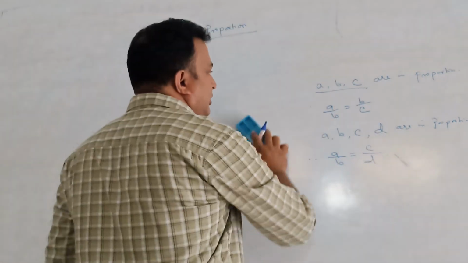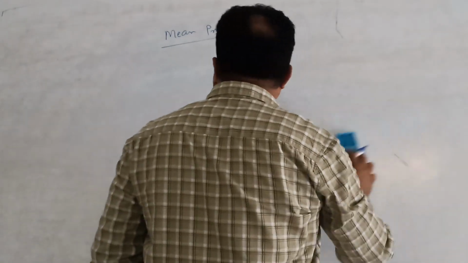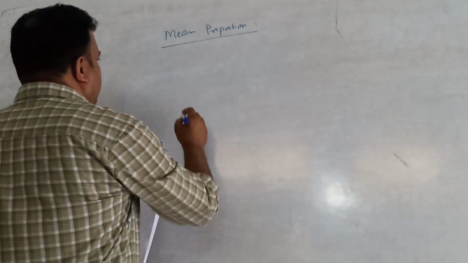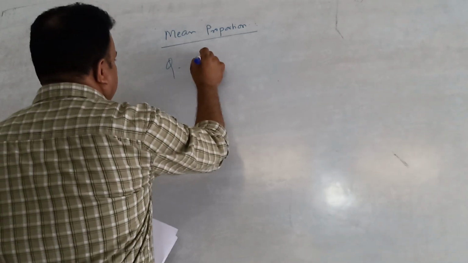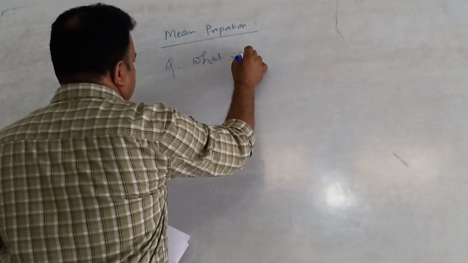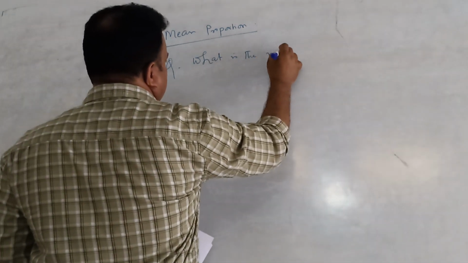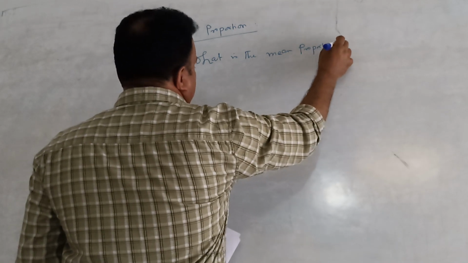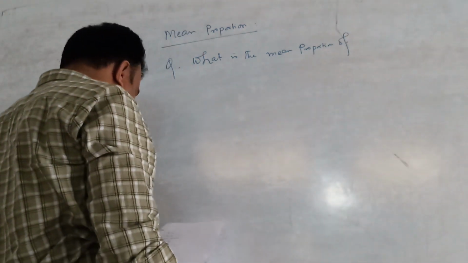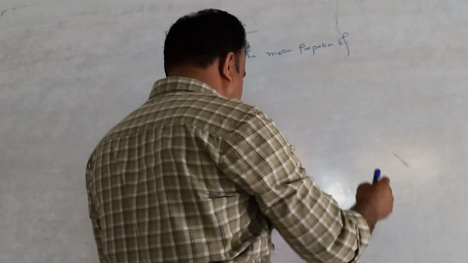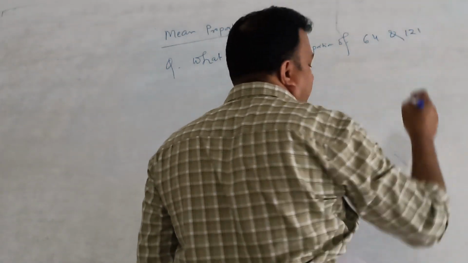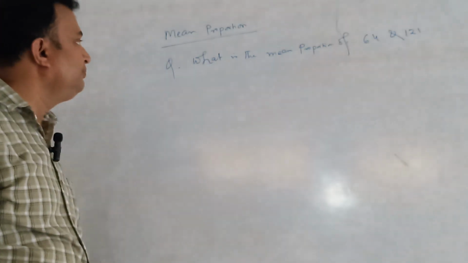With these two observations, we will find mean proportion. Question: what is the mean proportion of 64 and 121?